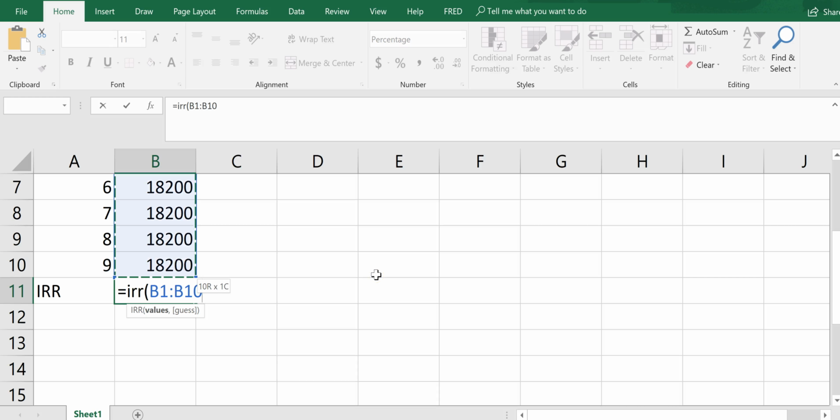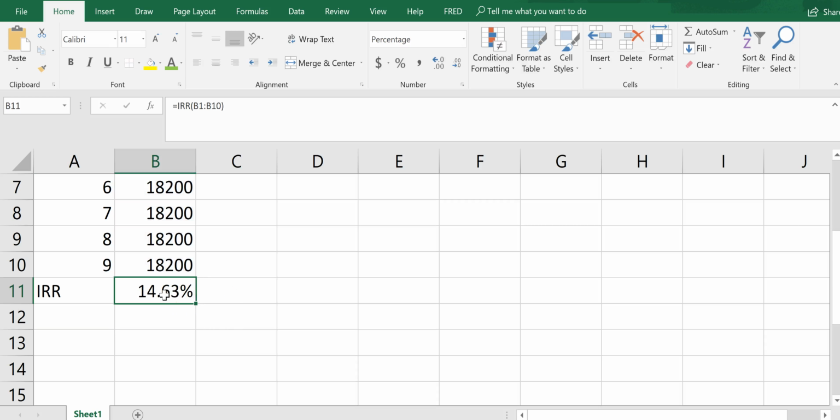The second argument, we generally don't use. It's a guess, the initial value to try different discount rates until NPV is 0. So Excel also uses a trial and error method to get to the discount rate.